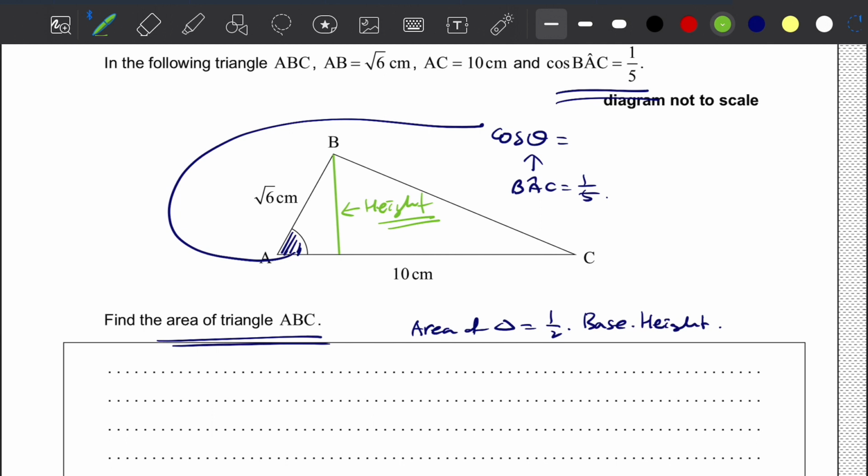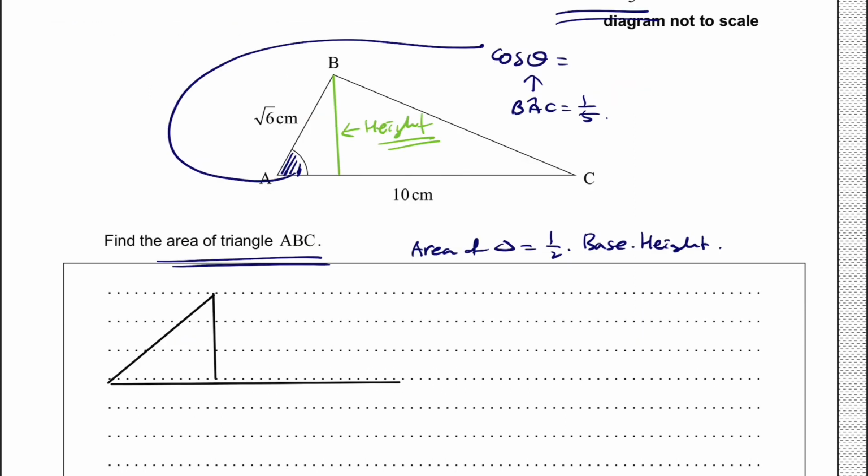Okay, so let's redraw this triangle. We have line AC, and we know that this is the height. That means we have a line AB on this side. So this is what it looks like, and line AB is square root 6, right?